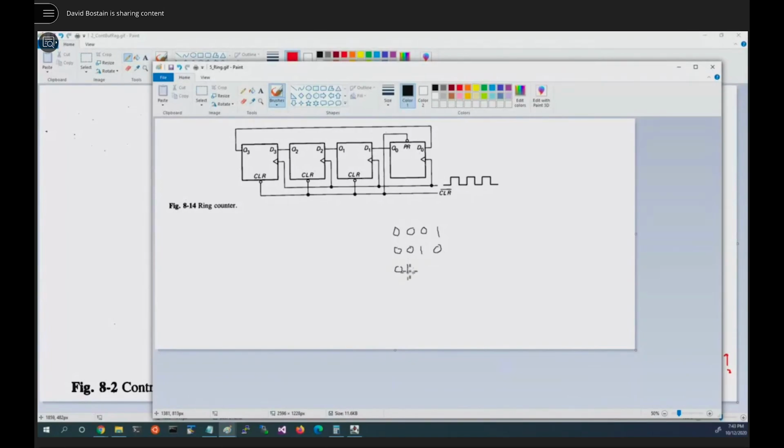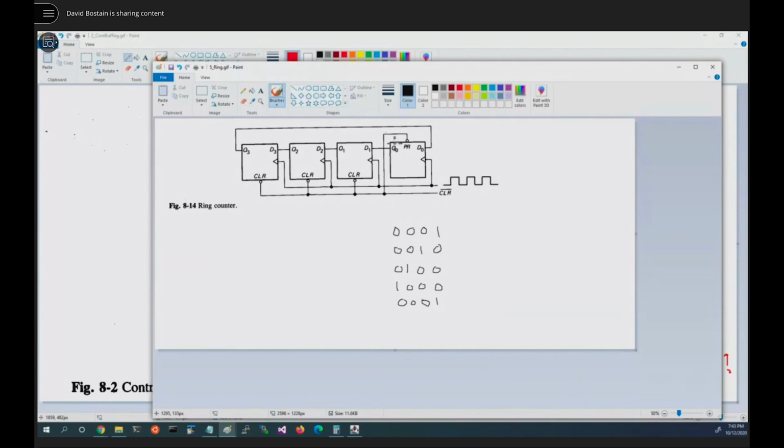Next clock, he's going to pass it 1 position to the left. Next, 1 position to the left. Next clock, instead of dropping it on the floor, he's going to pass it back in again. And this pattern will be repeated endlessly.